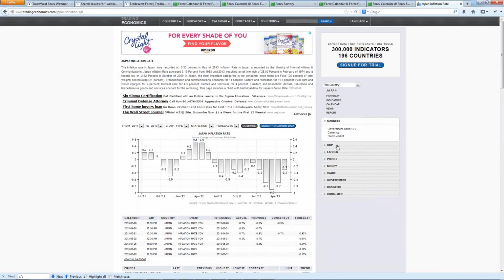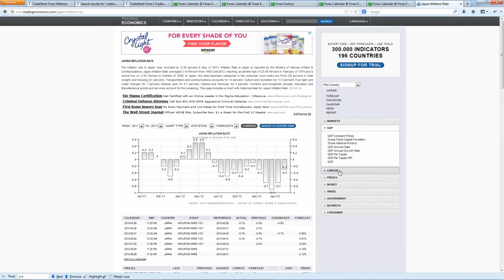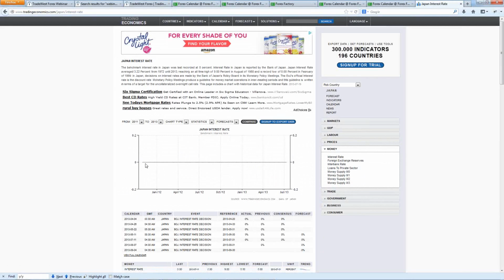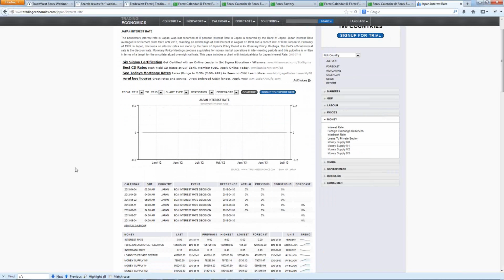See where they're hiding that. Okay, interest rate, it's under money. So there, we see it sitting at 0. So we know that from Forex Factory too, but that's how you can get all that information on this page, a little easier than trying to search for it. Like I say, I'll update the blog with this link.